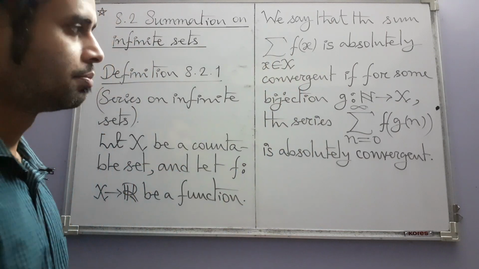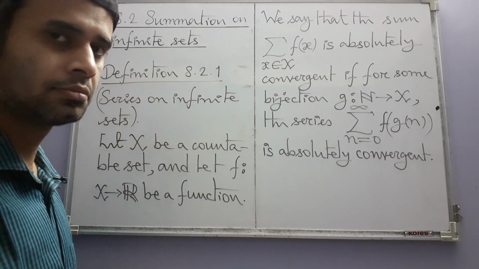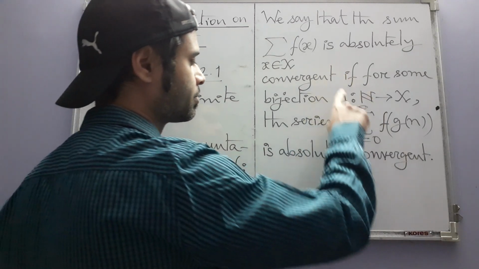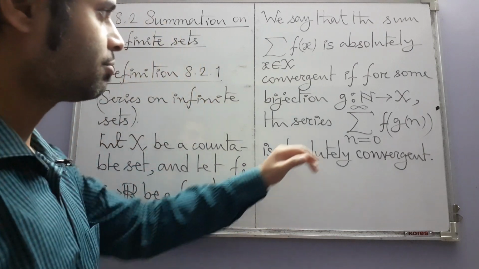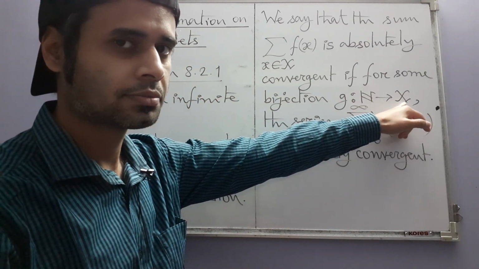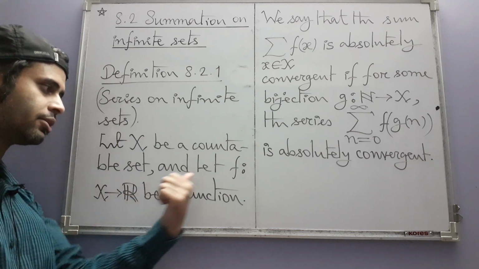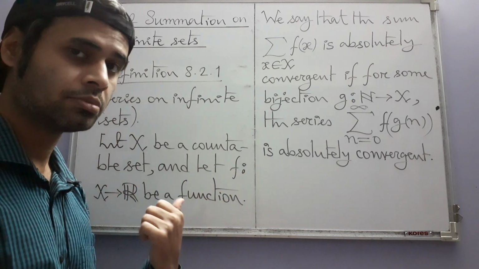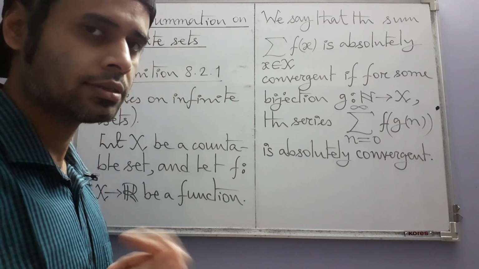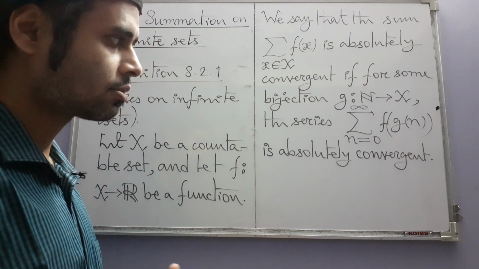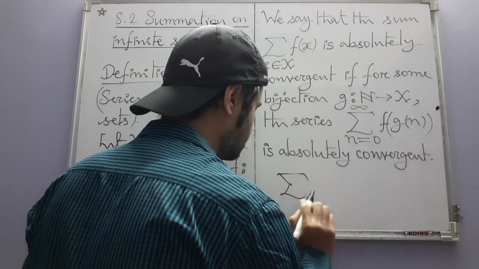Note a number of things here. We understand what this series is, because for every natural number n, g of n is going to be an element in X, and on that if you apply f, then you are going to get a real number, because f is a real valued function defined with domain X. So this infinite series is a usual series of real numbers, and we know when it is called absolutely convergent, namely when this series is convergent.